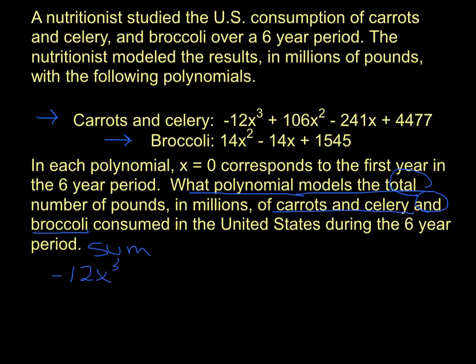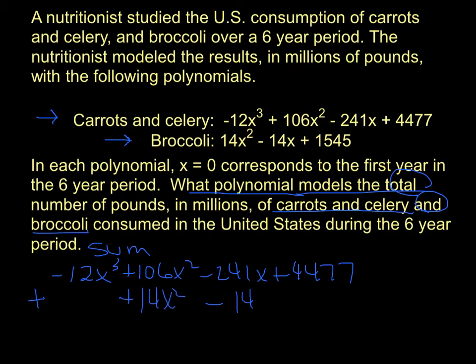So the negative 12x cubed plus 106x squared minus 241x plus 4477, and we're going to add, I'm going to do this one vertically just because I don't have a whole lot of room, the 14x squared, so a positive 14x squared, a minus 14x, and a positive 1545.